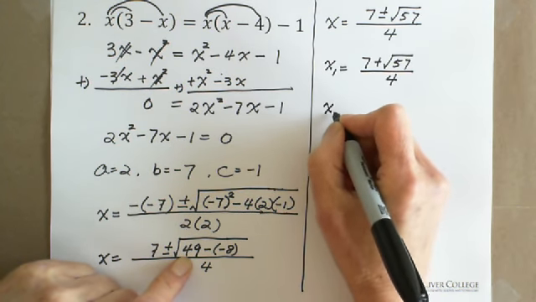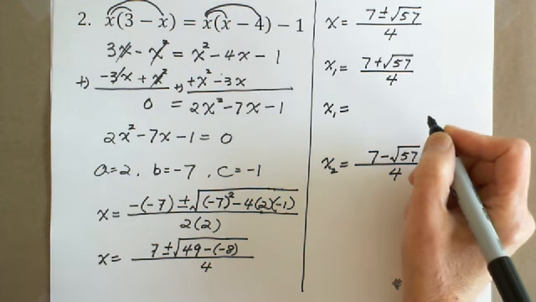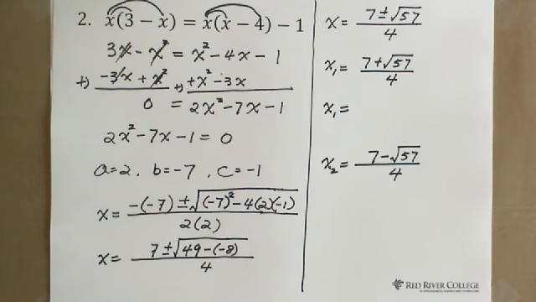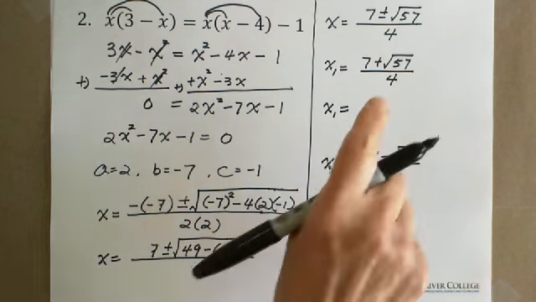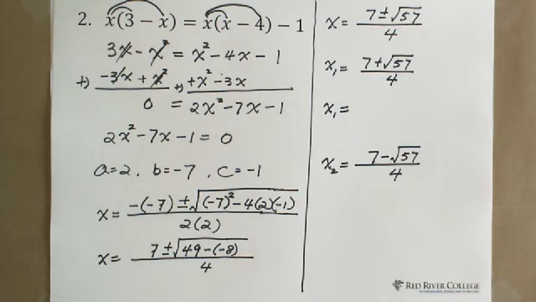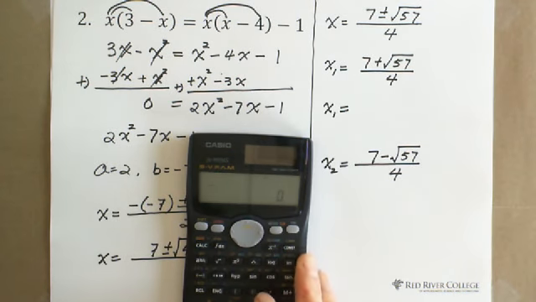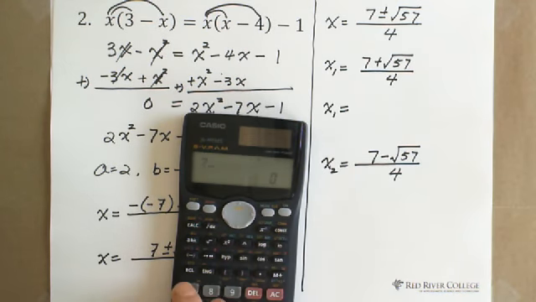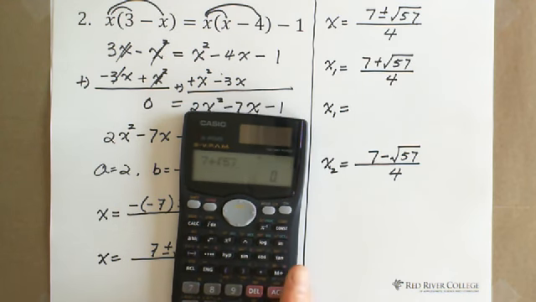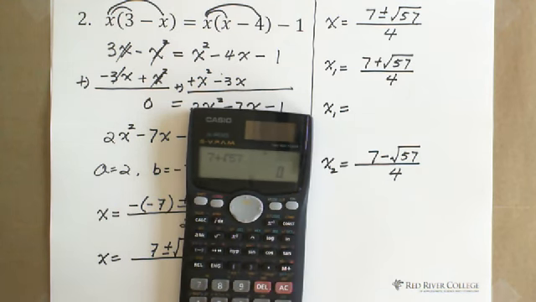For a practical question, we need to get an approximate answer if it is not a perfect square root, right? So we can do this. You calculate 7 plus square root of 57, equal.